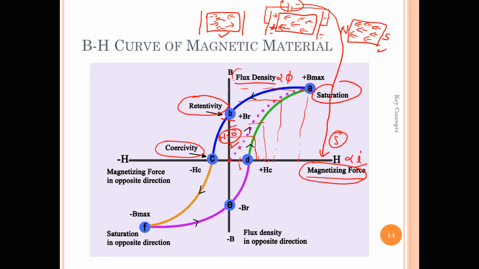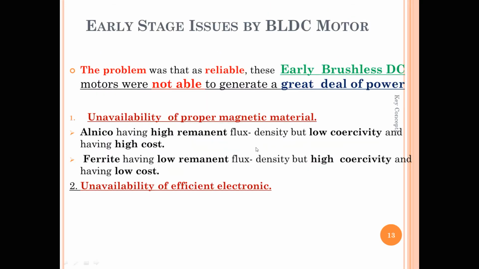Now it acts like a permanent magnet and has its own flux. How much flux it has is called the BR value. That is how much flux density the magnet has after magnetization once we remove the source, and that value is called remanence, or remanent flux density.